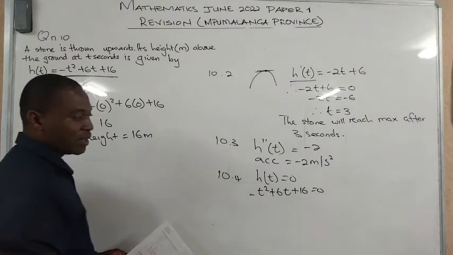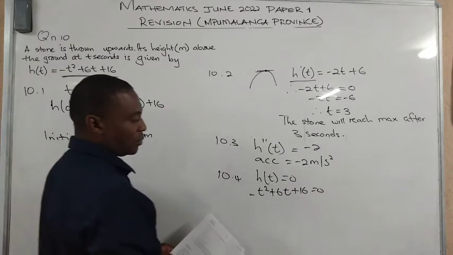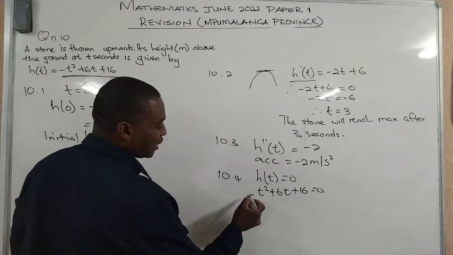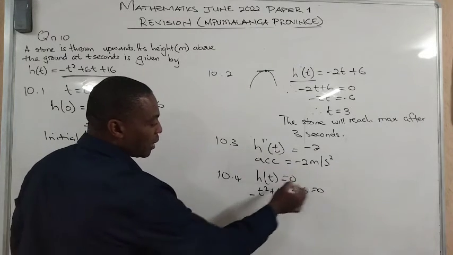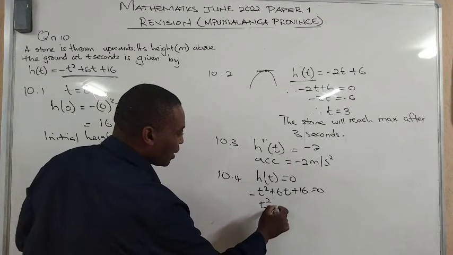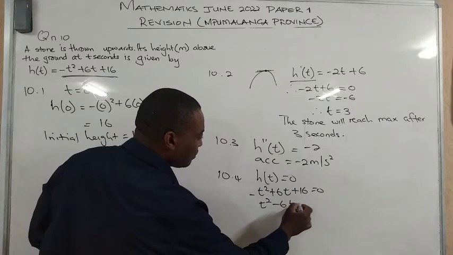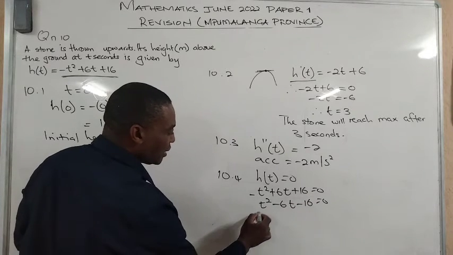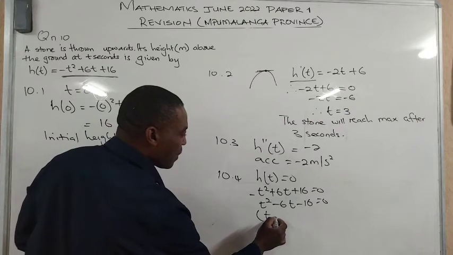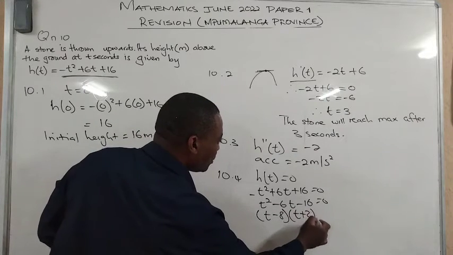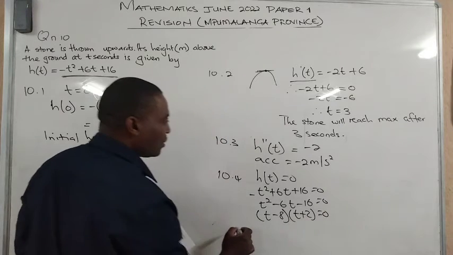So this is a quadratic equation which we should be able to solve using factorization. Of course, the first thing is to multiply throughout by -1. That will be t squared minus 6t minus 16 is equal to 0. And factorizing this, we'll have t minus 8 into t plus 2 is equal to 0.